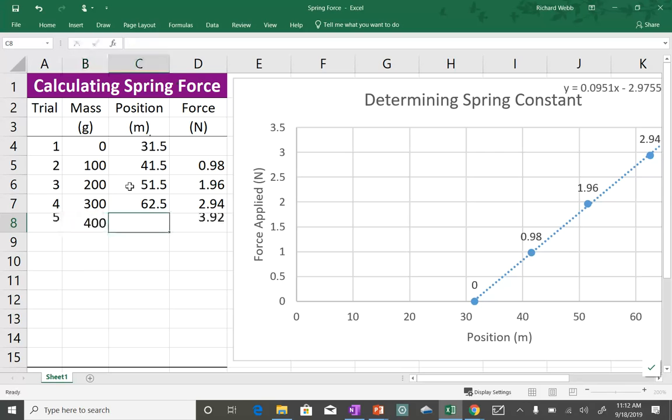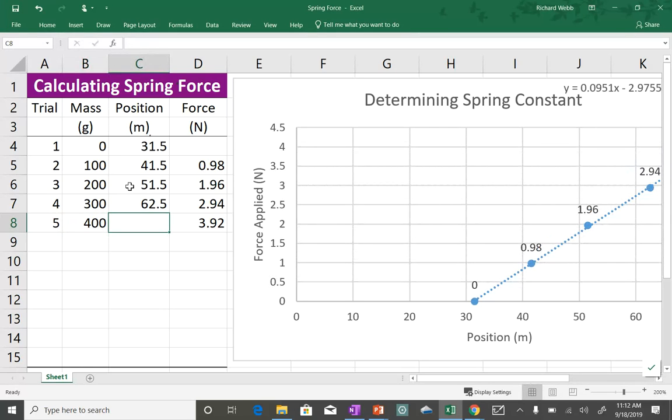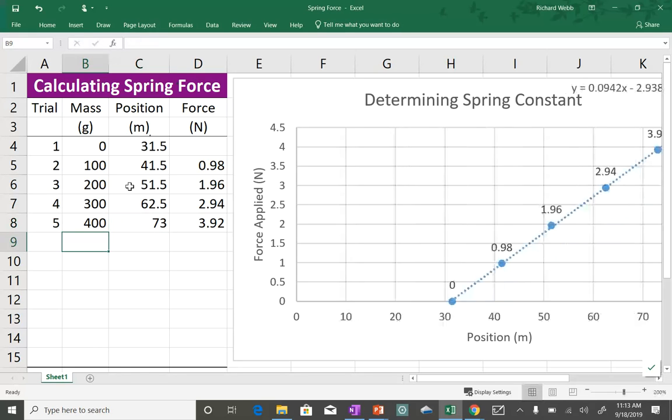So we're up to 400 grams hanging. 73. One more? Yep. Well, that works. I'd say take them off and put the 500 on, but that works as well. 83 and a half.